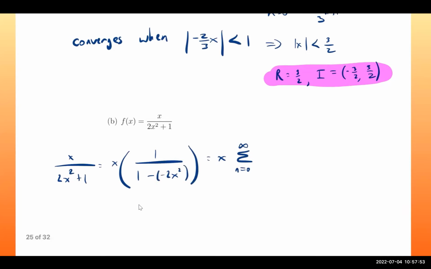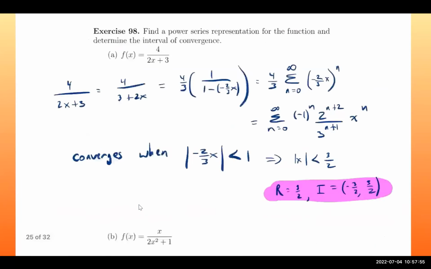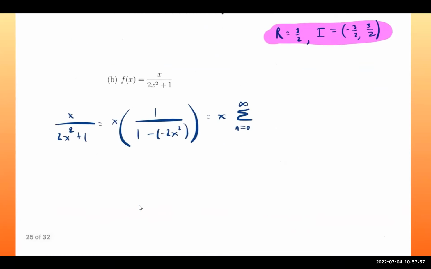And this becomes what goes here. So that's going to become our negative 2x squared to the nth power. All right, and we could rewrite that as the series n equals 0 to infinity.